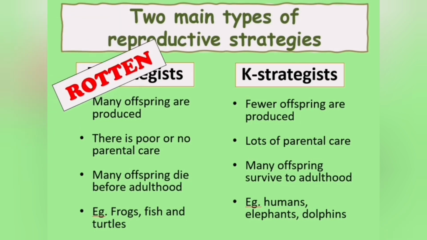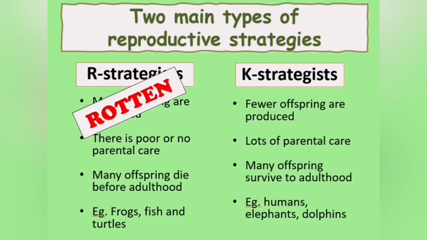Now, one way of remembering the difference between the R strategist and the K strategist is thinking of the R strategist as rotten parents. Both words start with an R. So rotten parents, they have many offspring, there's no parental care, which means many of the offspring don't survive to adulthood. So those would be your rotten parents, like fish and frogs and turtles.